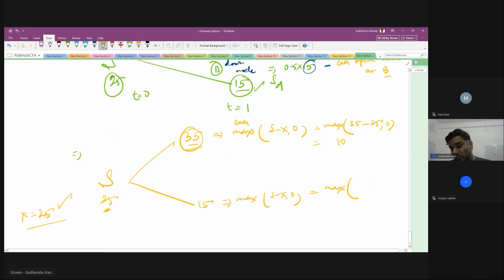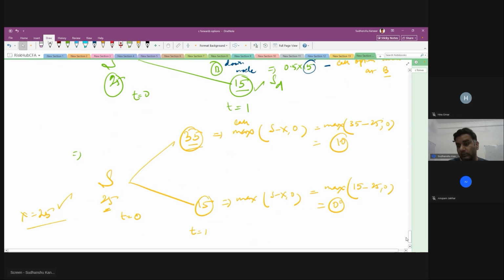When I reach there I'll talk about it, but right now I'm at t equal to 1, not t equal to 0. So max of S is 15, X is 25, comma 0, which is 0. So this is 10, this is 0. I found 10 and 0.